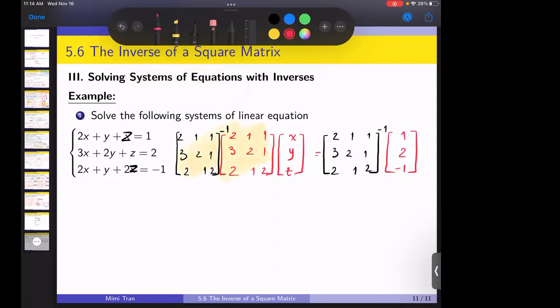So you just get X, Y, Z. On the right hand side, we're going to use the calculator.